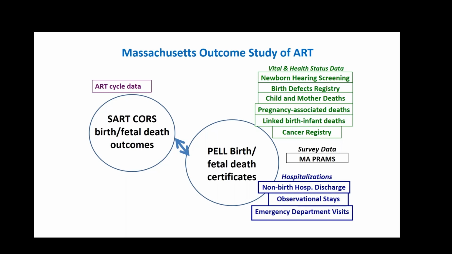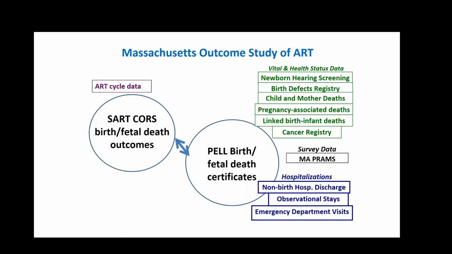So we decided to link the SART-CORS national ART data with this linked system called the Pregnancy to Early Life Longitudinal, or PELL, data system. And in that system, we have vital records data, newborn screening, birth defects registry, mother and child deaths, pregnancy-associated information, all of the birth certificate data, and hospitalization and discharge information.